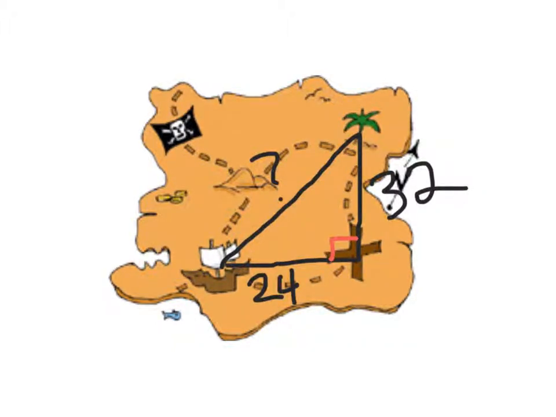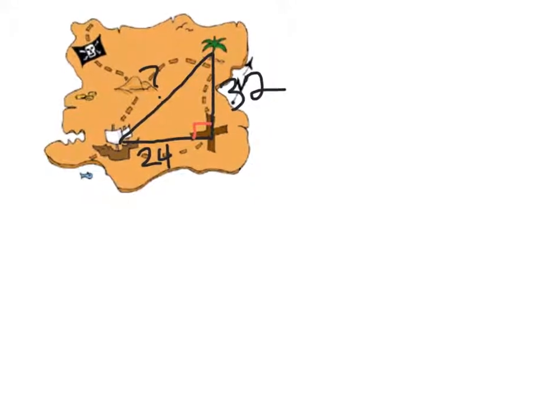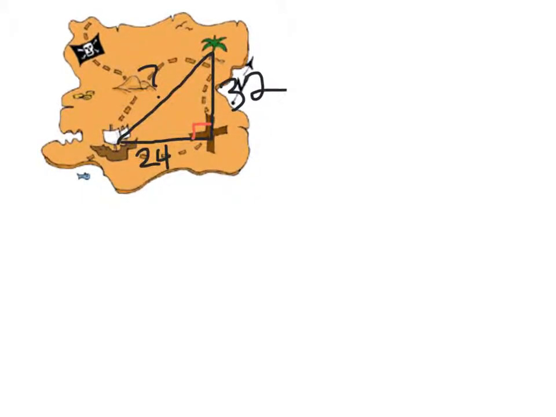We first need to start assigning what is going to be A, B, and C. Let's call this leg A, this leg B, and the hypotenuse is always side C.